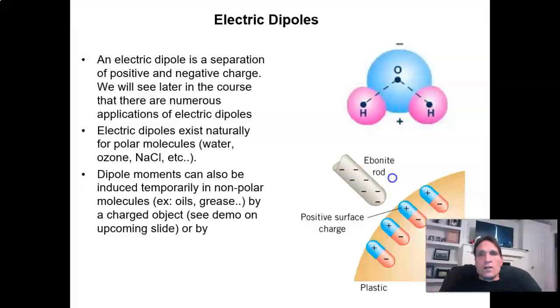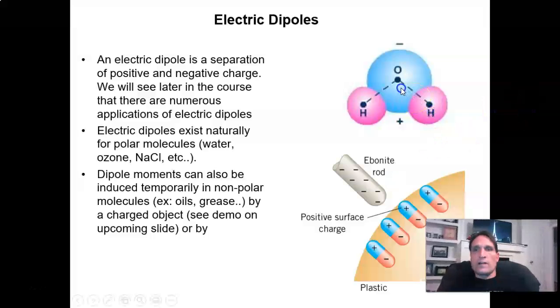So numerous molecules in nature have a separation of charge naturally, and one example of prominent importance is water. So water has two hydrogens and an oxygen. And recall that the hydrogens are going to want to give up their electrons so that they have a full, or in this case, an empty shell, and the oxygens are going to want to have a full valence shell, and so they're going to want negative charges.